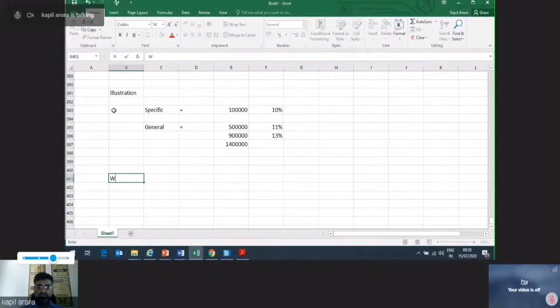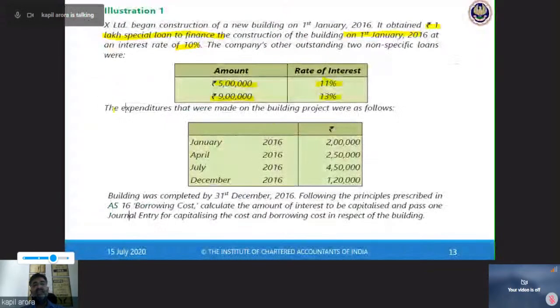Now let's look at the amount which we have spent. The amount which we have spent, it says the expenditure is not being done on day 1. So Payal, we have not changed the interest period.